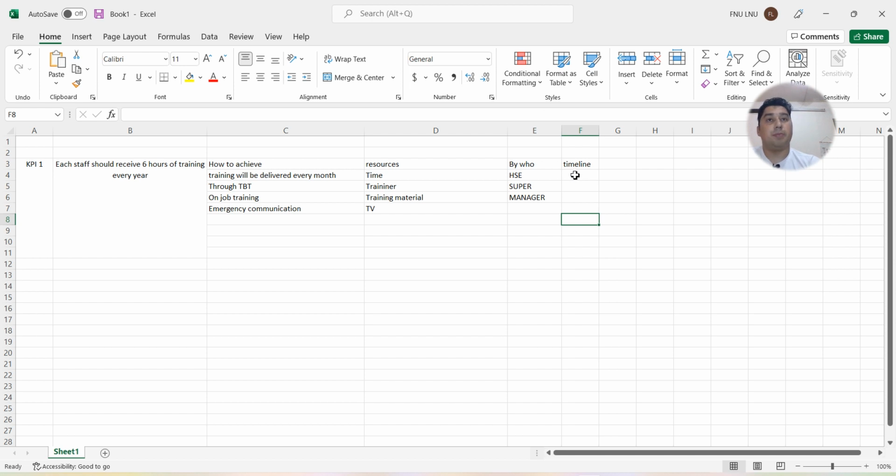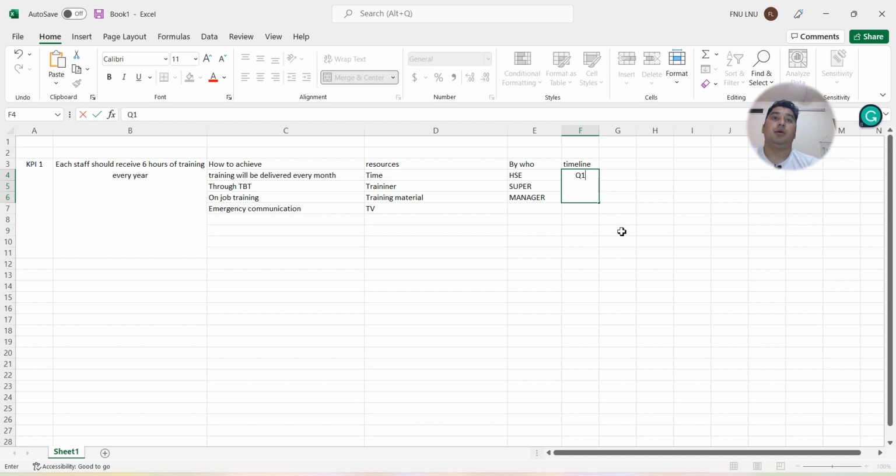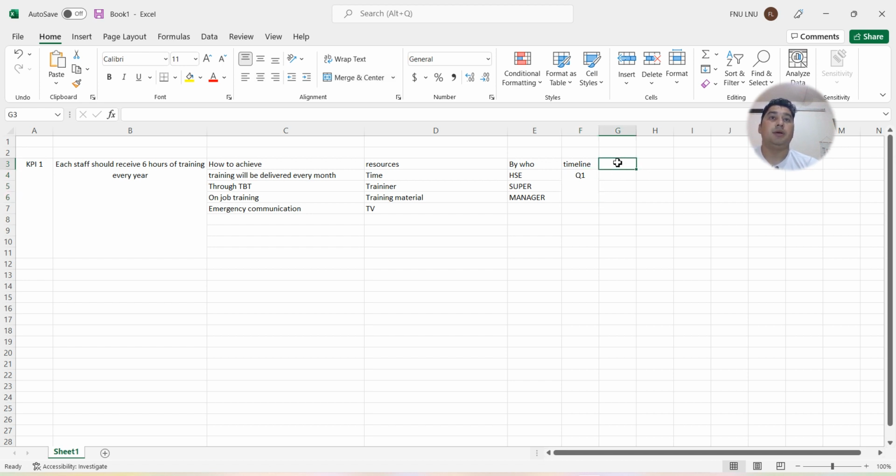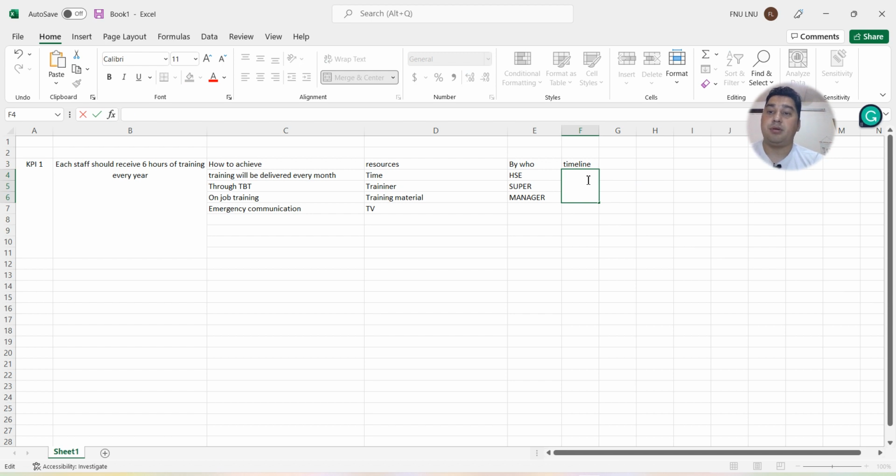Now the timeline, when you're going to complete these things. So for all these things, you can put one timeline. If you are going to measure it quarterly, then in quarter 1, Q1, you're going to measure 1.5 hours. Then you have the Q2 timeline, then Q3, then Q4. If you are measuring yearly, then end of year.